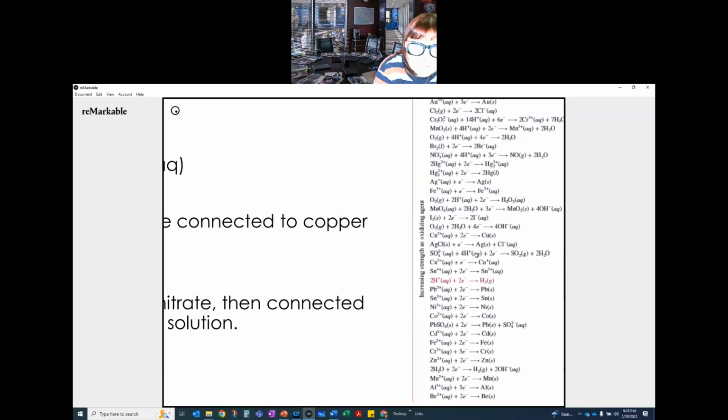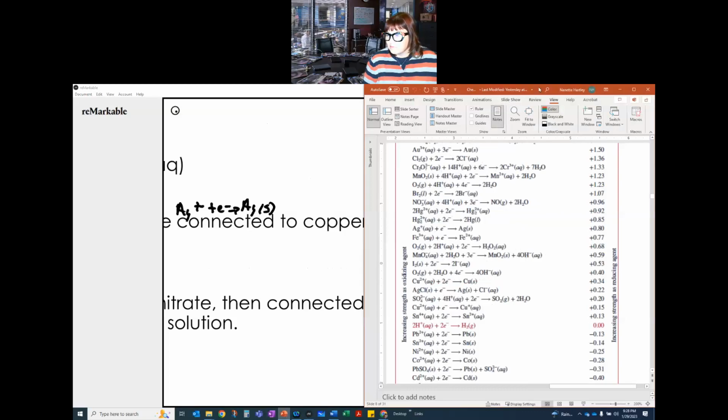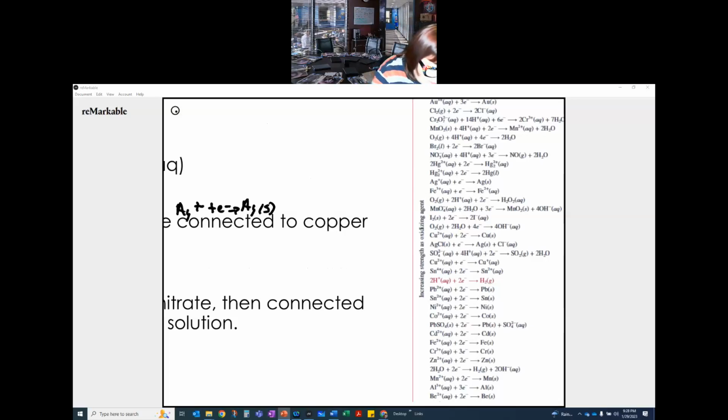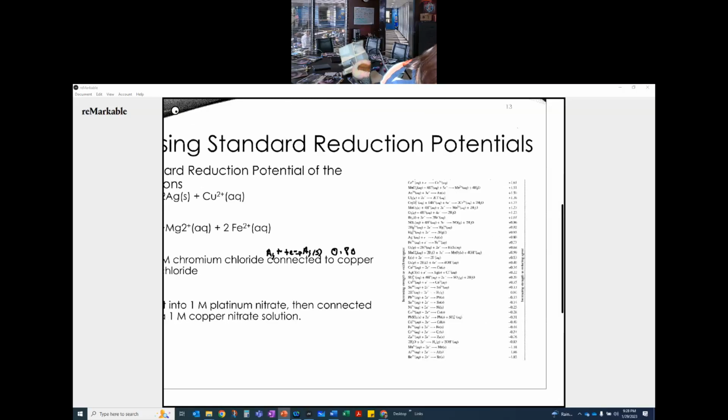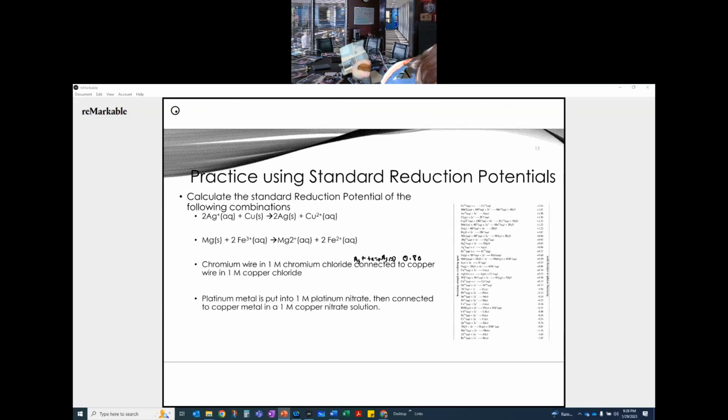Ag+ is 0.80, and that's the Ag+ I've written.